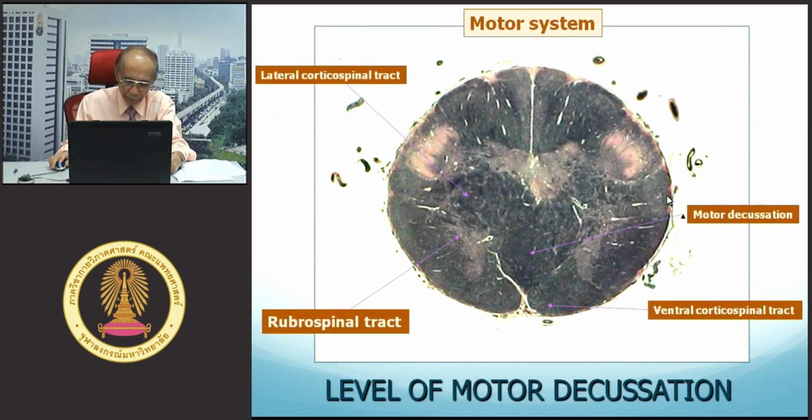The motor system includes the lateral corticospinal tract, ventral corticospinal tract, motor decussation, and the rubrospinal tract, which is a part of the extrapyramidal system.